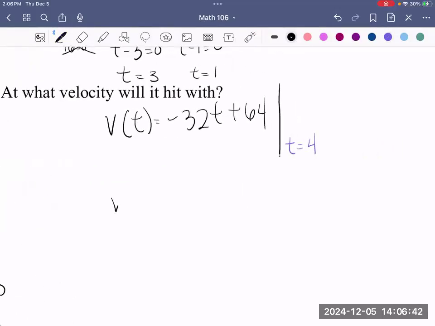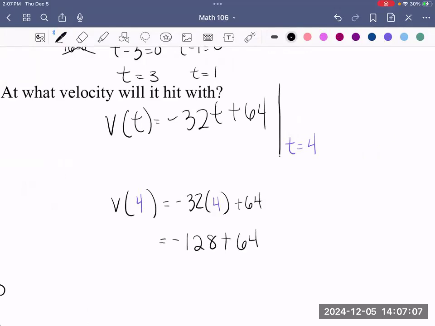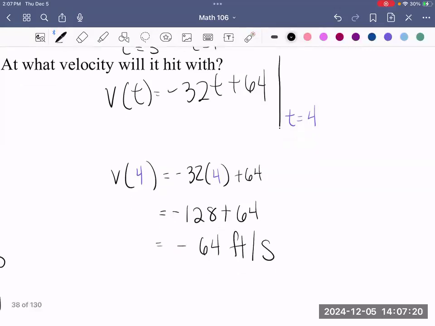So v of 4 is equal to negative 32 times 4 plus 64. So 32 times 4 is negative 128, plus 64. We're at negative 64 feet per second. And again, the negative is talking about the direction, that it is falling, not so much that the speed is negative. It's just referring to a negative height change.